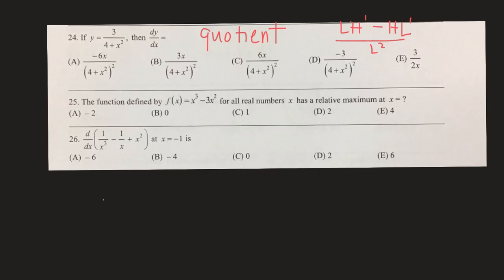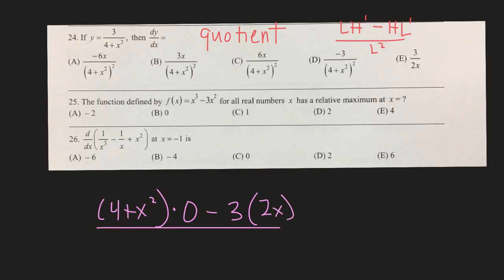So the low function is 4 plus x squared times the derivative of 3, which is 0, minus 3 times the derivative of 4 plus x squared, which is 2x, all divided by 4 plus x squared, quantity squared.